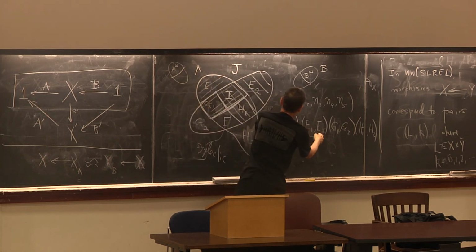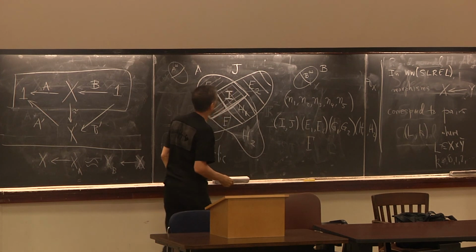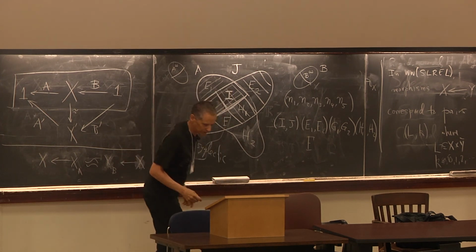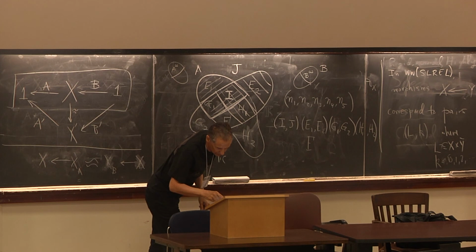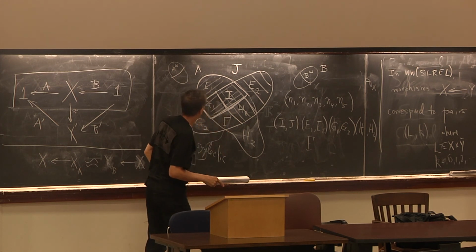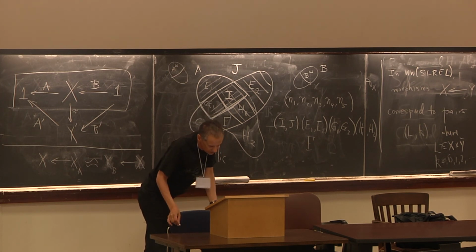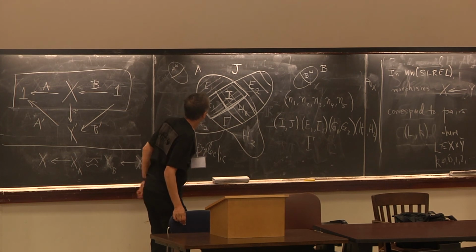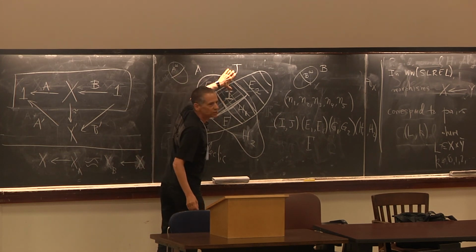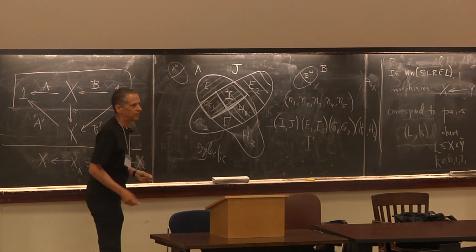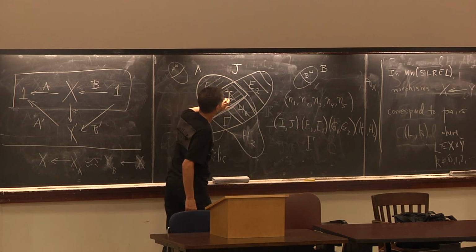In the second one, we actually have the same subspace here that's the same Lagrangian, because it's only the I that contributes to A and B. So here that's the same Lagrangian twice.